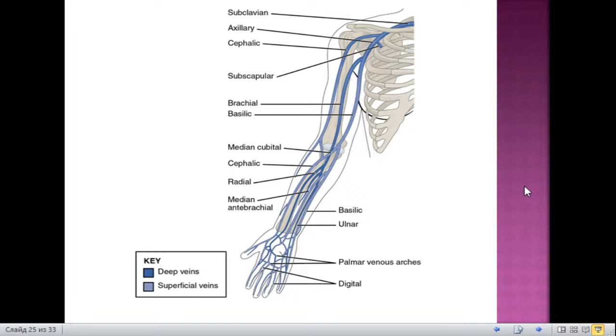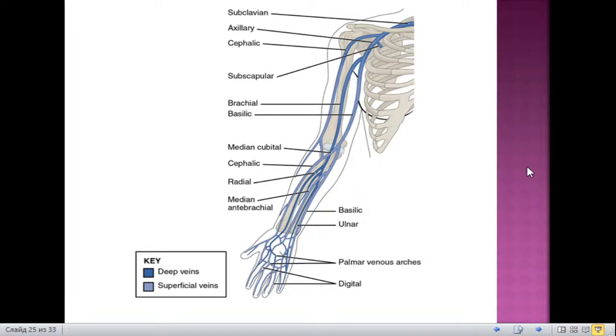But in difference with the arteries, deep veins are paired. Like I told you, we have one radial artery but two radial veins. So the first unpaired vein in the upper limb is the axillary.